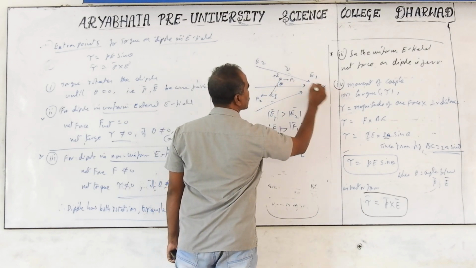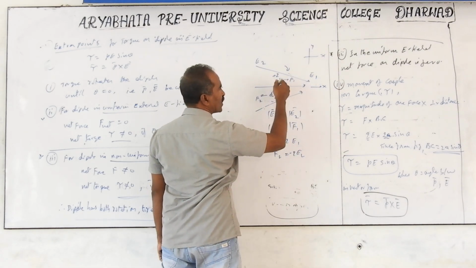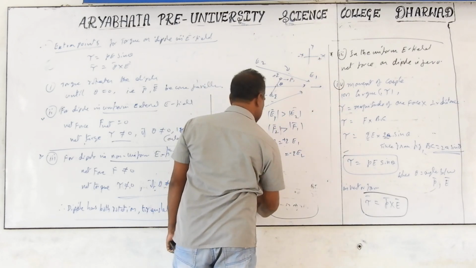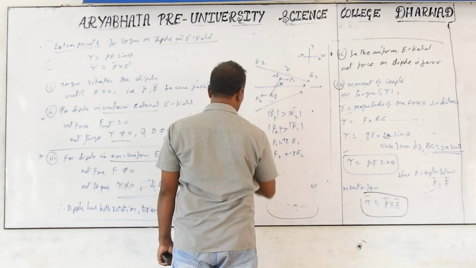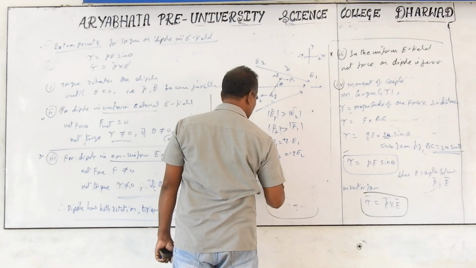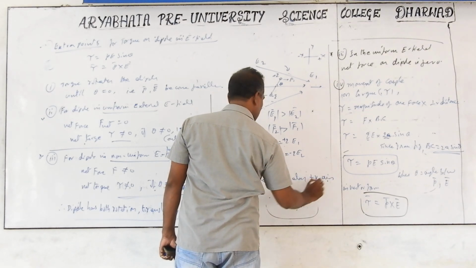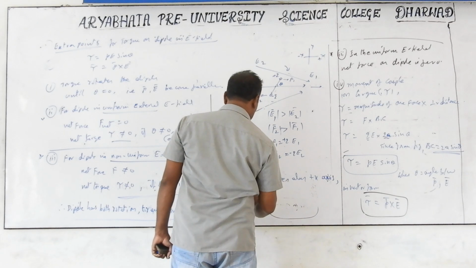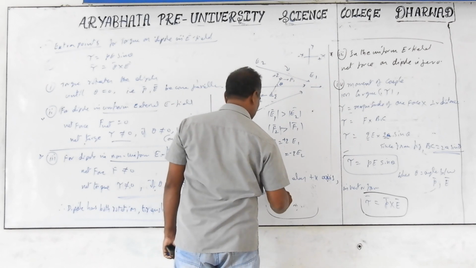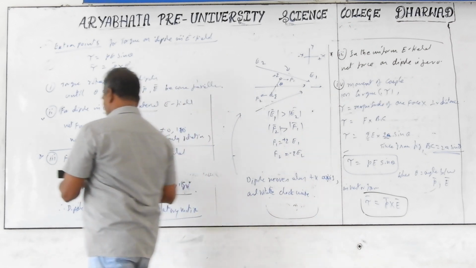If I take this as the x axis and this as the y axis, then the dipole rotates clockwise and moves along the plus x axis. That is the case of non-uniform fields.